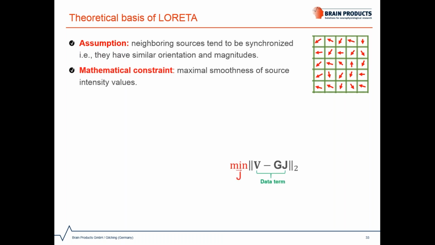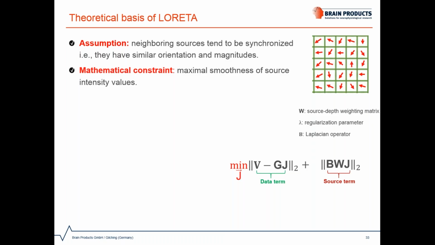Mathematically, the estimation of the source strength is based on the least squares technique, which attempts to find the optimal source strength J that minimizes the square of the differences between the measurement V and the model G times J. Since there is an infinite number of J's that can minimize the data term, an additional term known as the source term is added to compensate for the non-uniqueness.